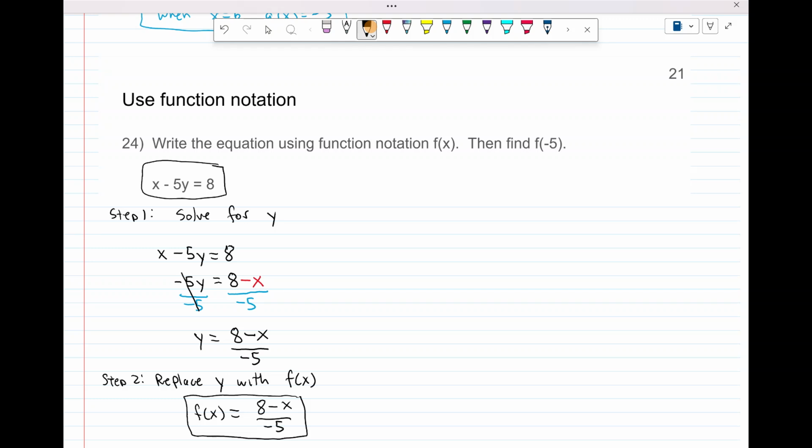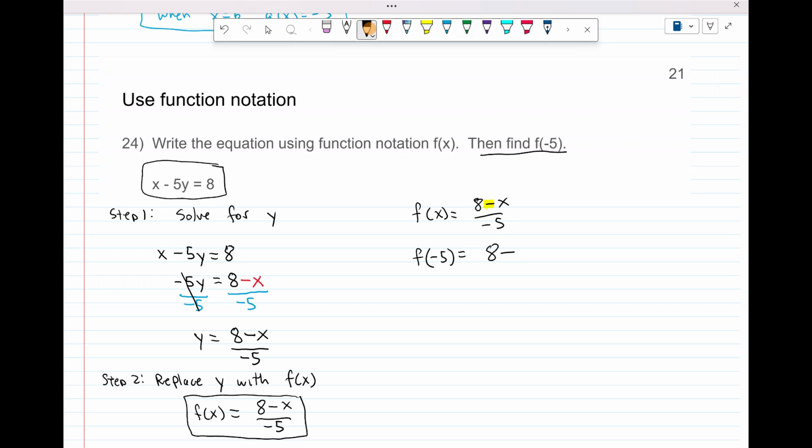Next, let's find f of negative 5. So I'm going to rewrite our function in function notation. And I'm going to replace x with negative 5. One thing that is important here is notice that this minus that's right here is already there.